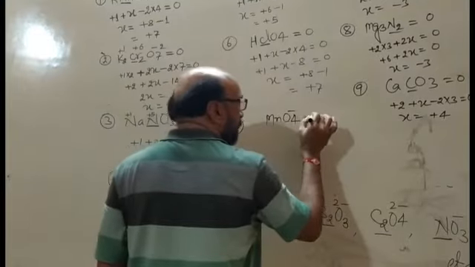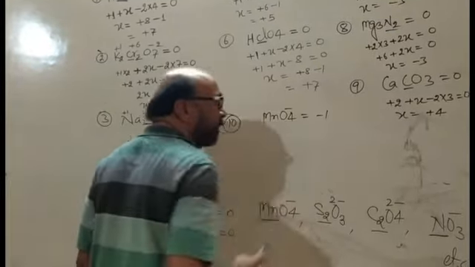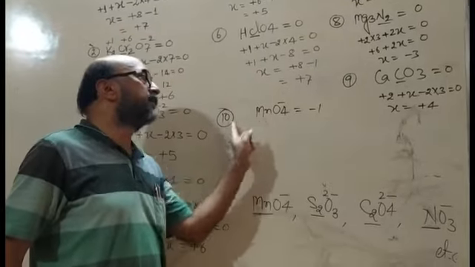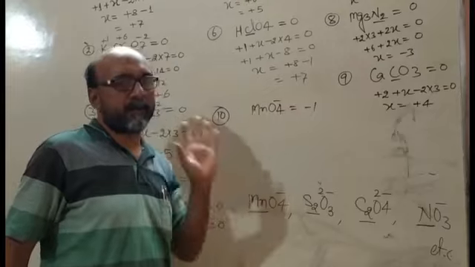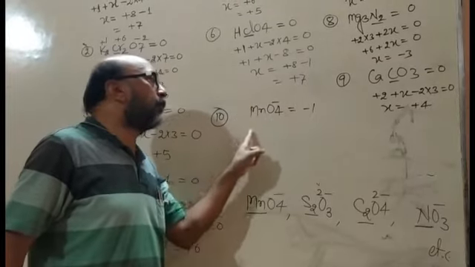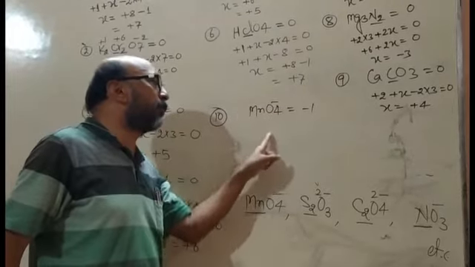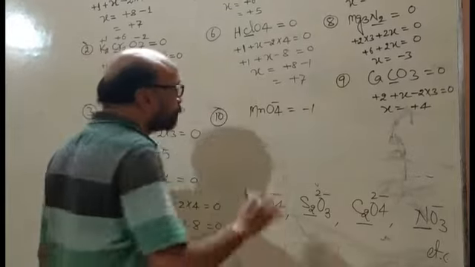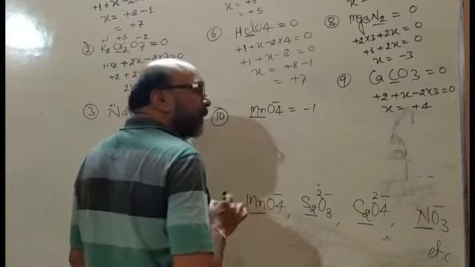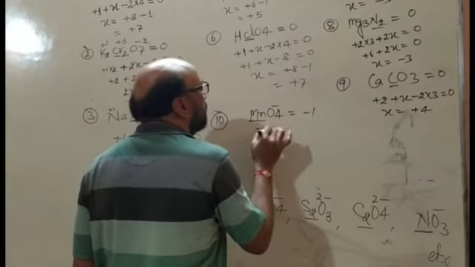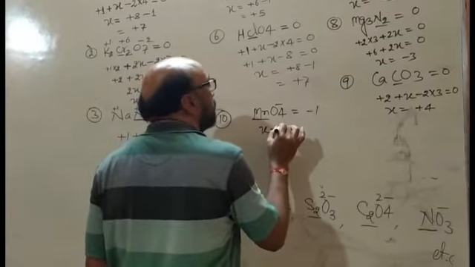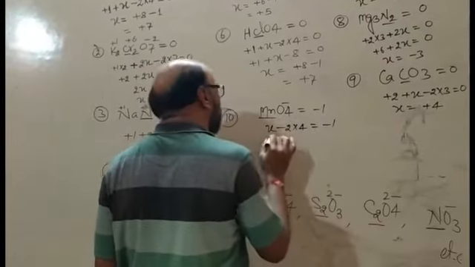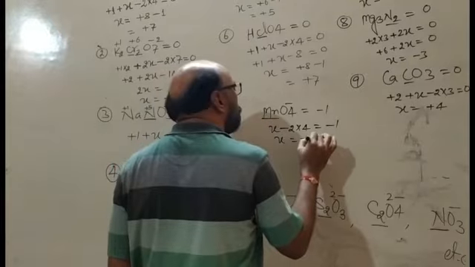So we shall write is equal to minus 1 because this ion has minus 1 charge. The total sum of the oxidation state of all these elements will be equal to minus 1. Here we have to calculate the oxidation state of manganese. Let it be X, minus 2 for oxygen multiplied with 4. X is equal to plus 7.